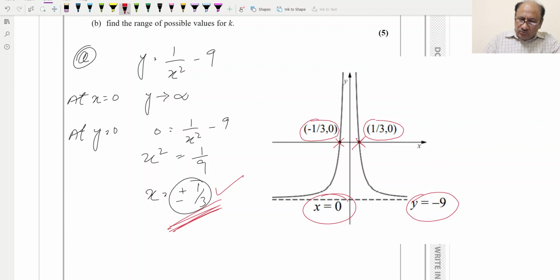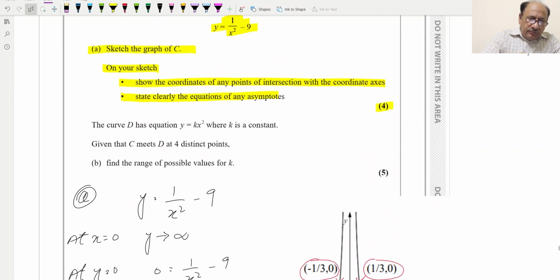Next is basically part b, which says the curve D has equation y is equal to kx square, where k is a constant.